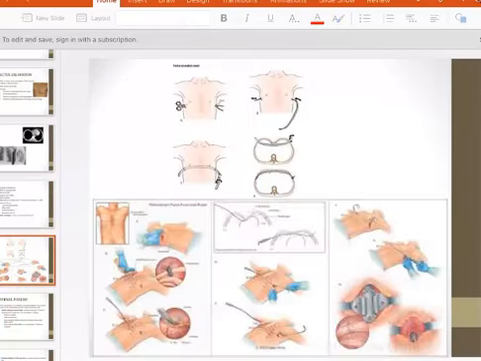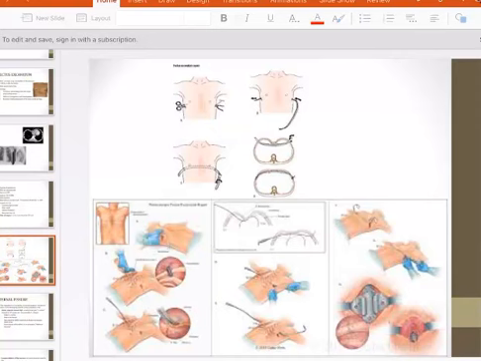The more common procedure is the Ravitch operation. We do it by making an incision in a midline sternotomy, and we cut the costal cartilages on both sides, taking precaution not to damage the internal mammary artery.